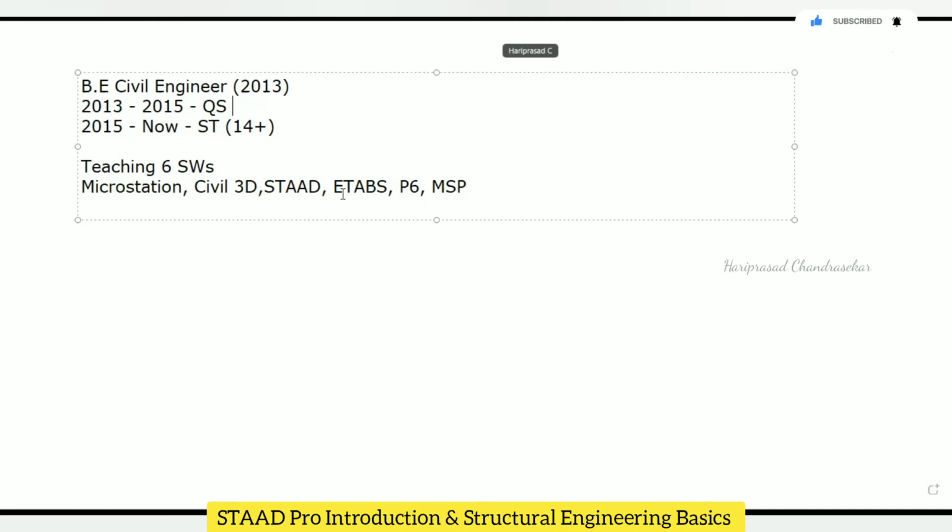I'm mechanical, but what subjects or topics do I need to study before going to software? Which year did you pass out? 2018, mechanical. What software do you know? AutoCAD, MSP, and I have little knowledge of STAAD. Oh, STAAD, so you are getting into civil.